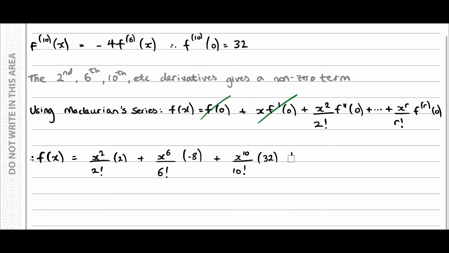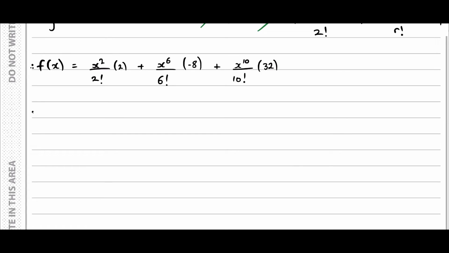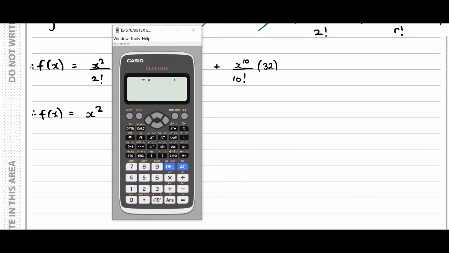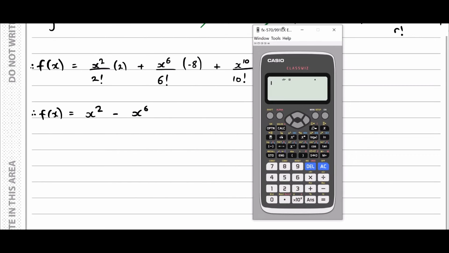And if we tidy this up a bit, f of x will equal, well, x squared over 2 factorial times by 2, that's x squared. For the next term, we have minus x to the power of 6, and if we work out the value of 8 over 6 factorial, you'd find that to be 1 over 90.